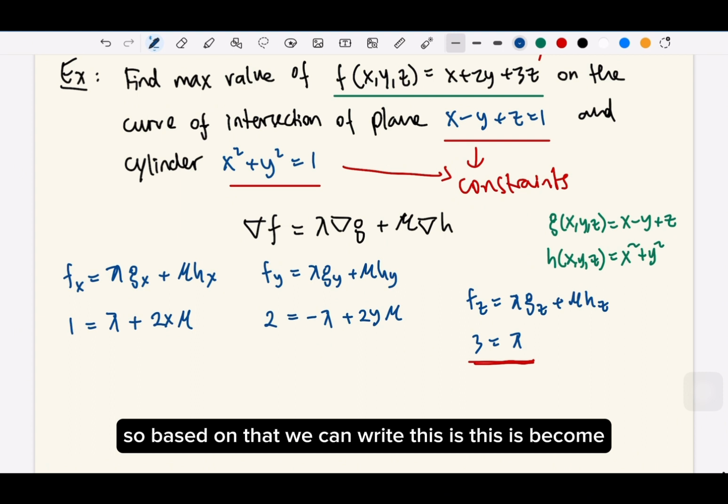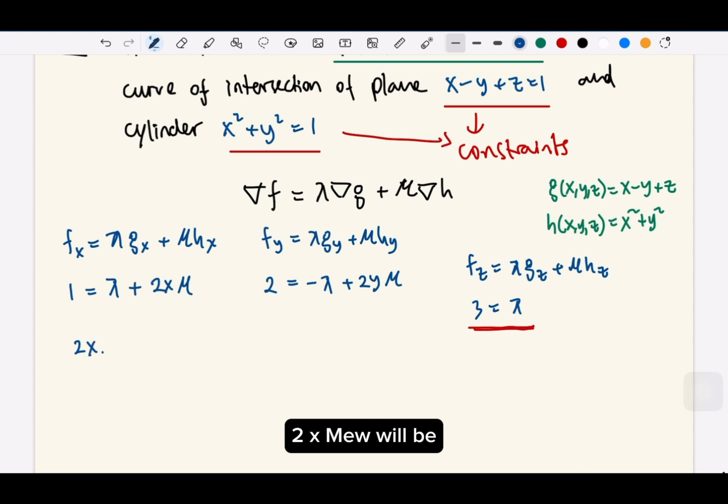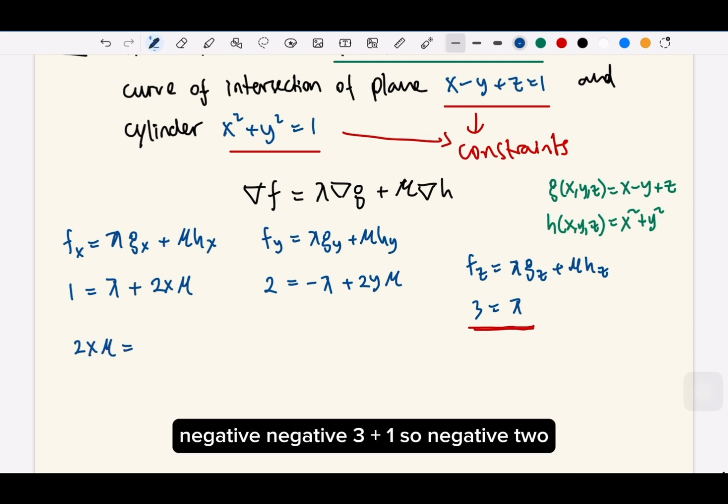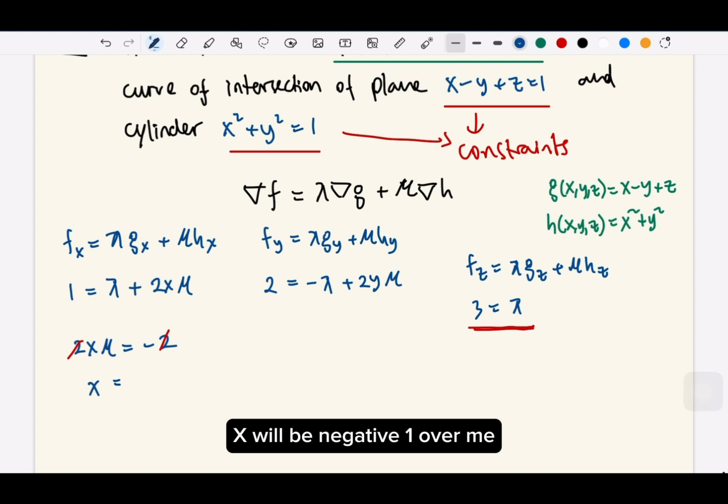So based on that, we can write this becomes 2x mu will be negative 3 plus 1, so negative 2. So x, we can cancel. x will be negative 1 over mu.